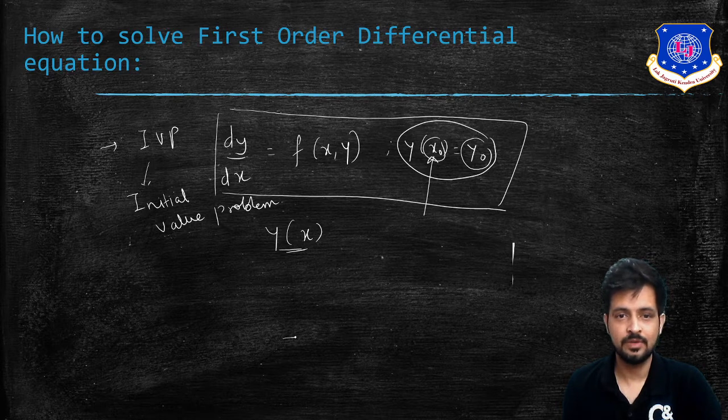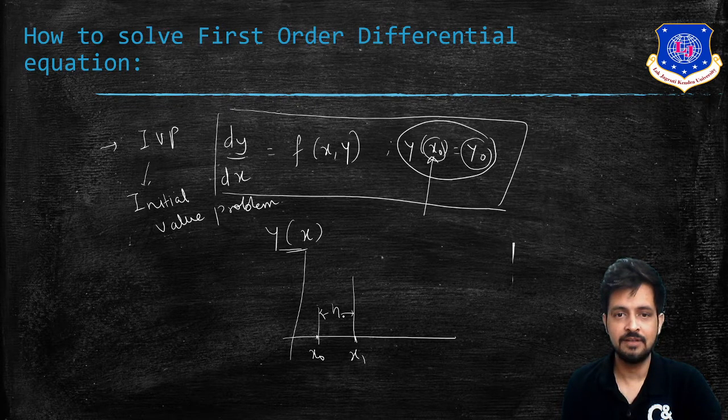See, if you remember, this is the value of x0. In interpolation, what were we doing? We were taking the differences of h in the values of x, where h is known as the step size. Here also h will be known as the step size.